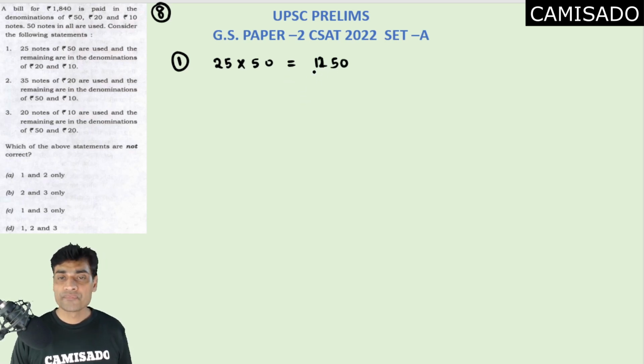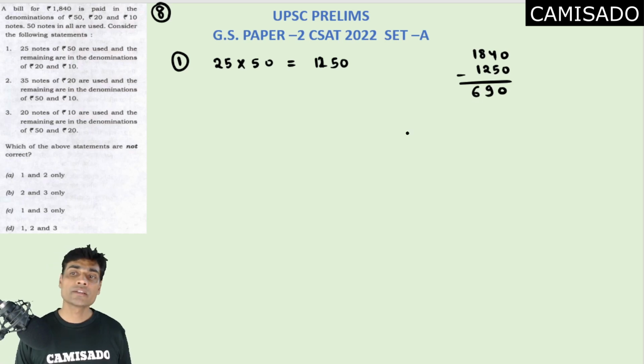Now 1250 rupees, and the remaining is 1840 minus 1250. It comes out to be 590.